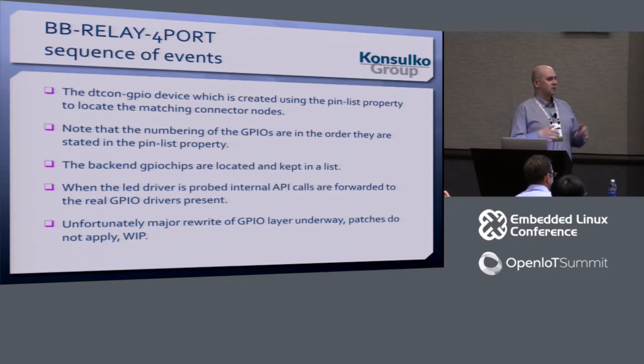The ttcon GPIO driver will figure out which pins are available from the backend, request them, and create a GPIO chip driver that is connected to the backend GPIO chips. When the LED driver is probed, it will request the GPIO pin, and it will be forwarded to the real GPIO.